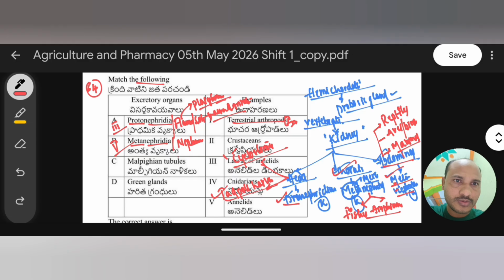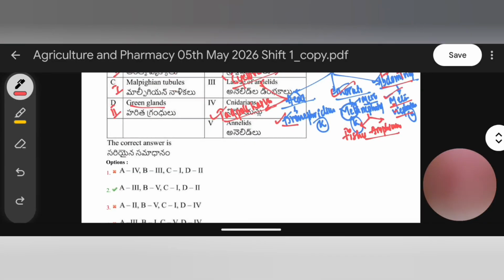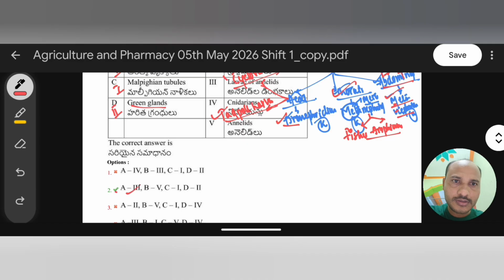So C is one. Green glands, which we just discussed, are seen in crustaceans, which are aquatic arthropods. Green glands are also known as antennal glands. So D is 2. Here the option is third, 4, 1, 2. So the right answer is the second one.